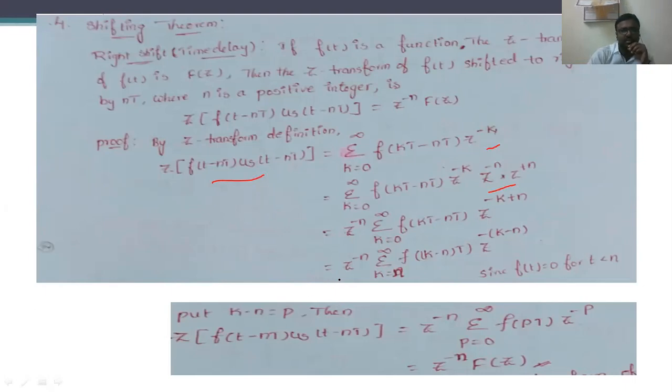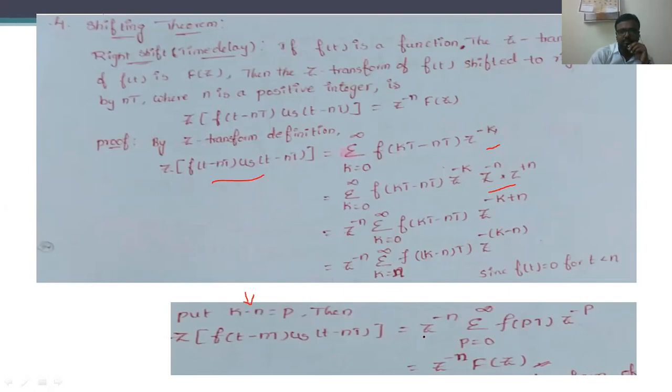Therefore, z power minus n into sigma k equal to n to infinity. I think the limits have to be changed. Therefore, k equal to n to infinity f of (k minus n) into T into z power minus (k minus n). So this equation can be represented by substituting k minus n equal to p.